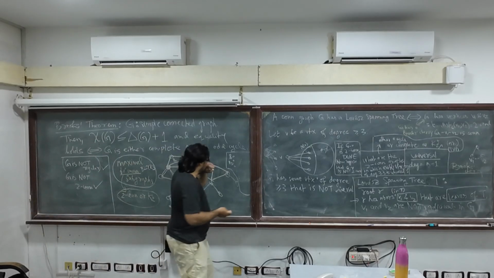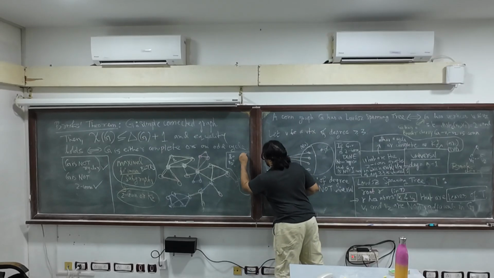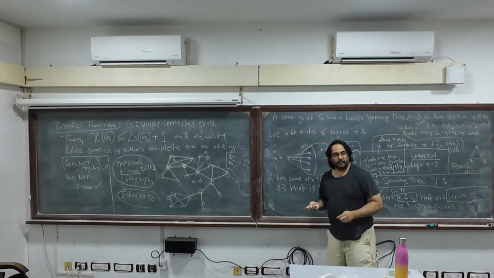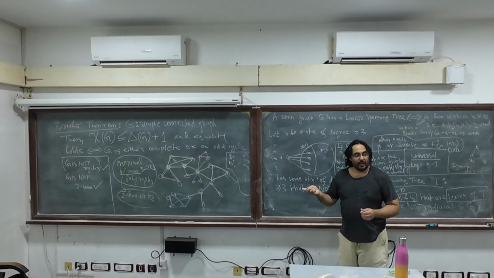So we'll put the blocks on one side, one vertex for each block. And we'll put one vertex for each cut vertex: little c1, little c2, little c3 and so on. Can you all do that? And now we'll put edges between them in the most natural way you would imagine.